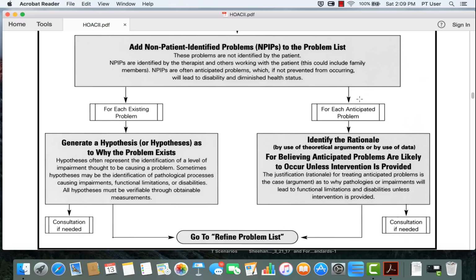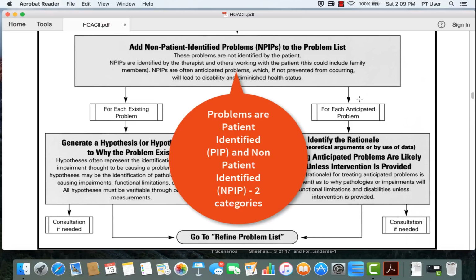They're having difficulty with this, this, and this. Okay. That's a non-patient identified problem. It's significant, it's important, but you notice it doesn't come before the PIPs. Put the patient first. But we can't ignore the fact that if another healthcare practitioner, a family member, neighbor, friend, whomever, picks up something related to problems, they should be paid attention to.